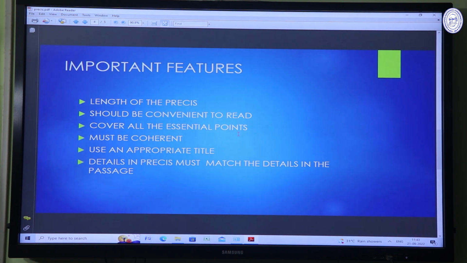Next, I think this is the most challenging one. Use an appropriate title. The passage that will be given to you will have no title, or even if there is a title, you cannot use the identical title. You have to make a title of your own. Now, how to write a title?